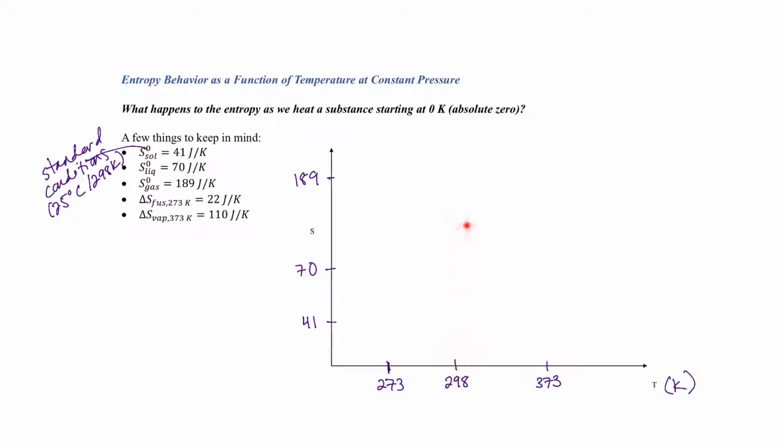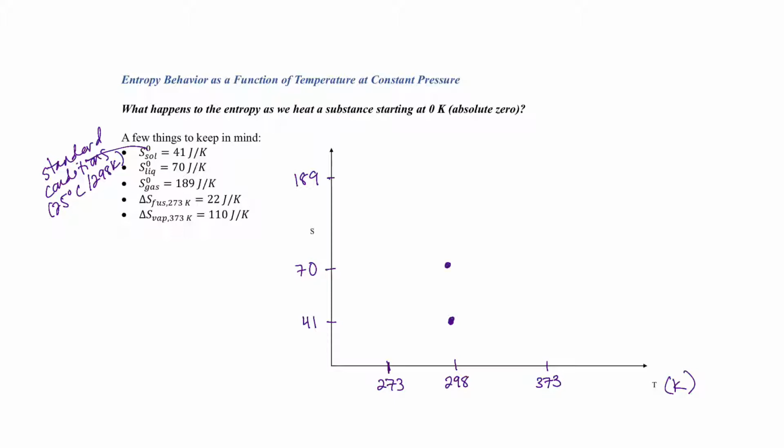So we're just going to mark those standard conditions as anchor points. So for our solid, we know our standard entropy of our solid is 41 joules per Kelvin. So we'll put a dot there. And then we have a standard entropy for our liquid of 70.